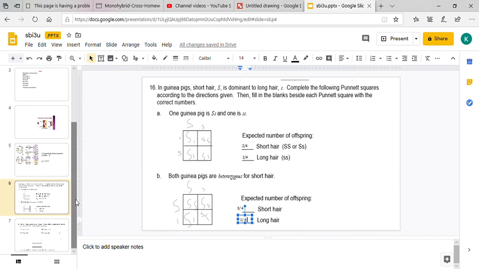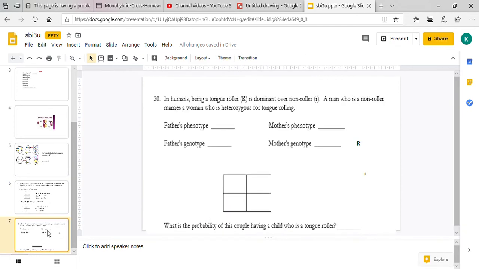Very quickly, moving on to another set of questions. This time we're looking at human parents. In this case, the trait we're looking at is tongue rolling, and tongue rolling is dominant over non-rolling. So it says over here, a man who's a non-roller.